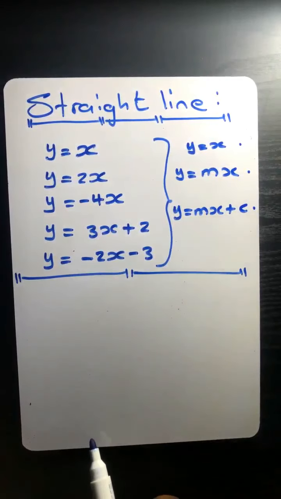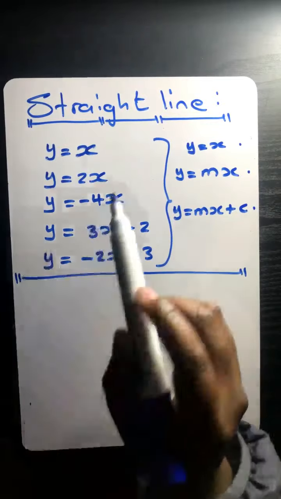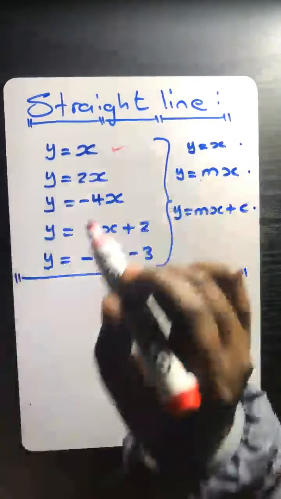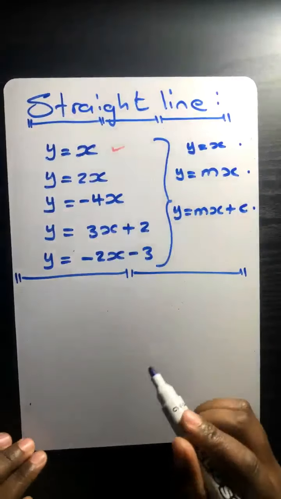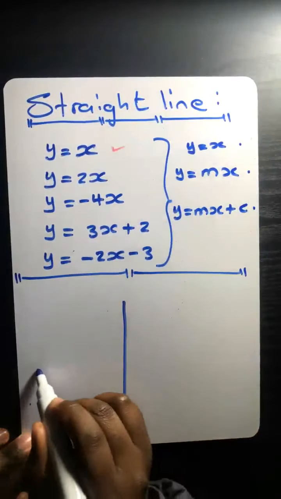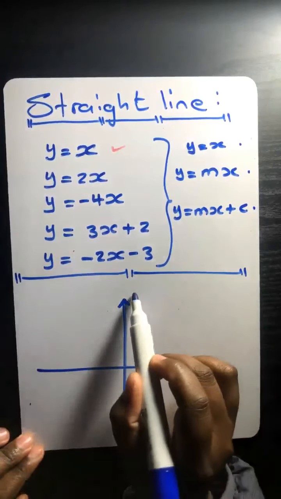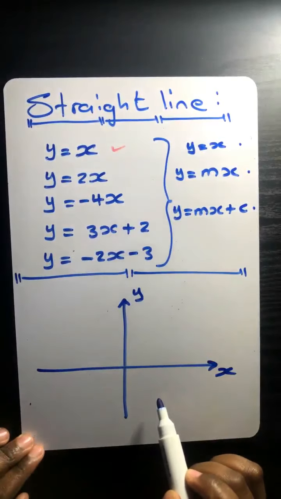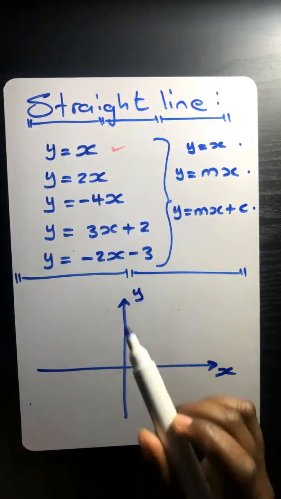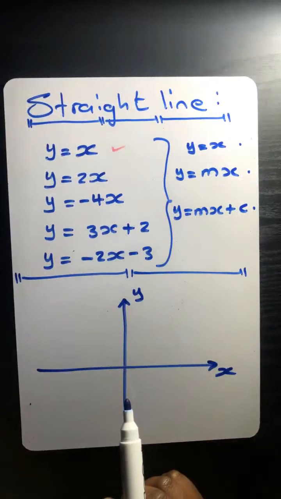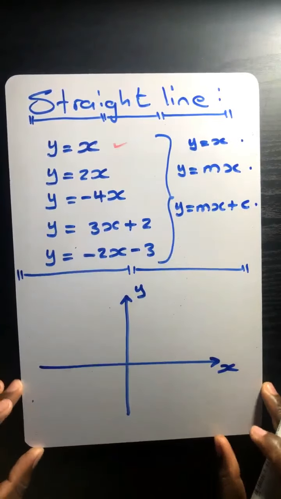So if you are given a straight line in the form of a formula, considering that first one, I know this is at a baby stage, which means on a Cartesian plane, you must know what a Cartesian plane is. So on a Cartesian plane, let's say this is x, this is y. I'm going to draw each of these functions just as an estimation, and from there I'm going to give them some names.